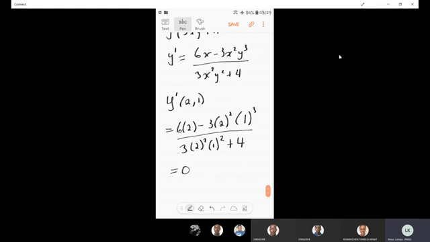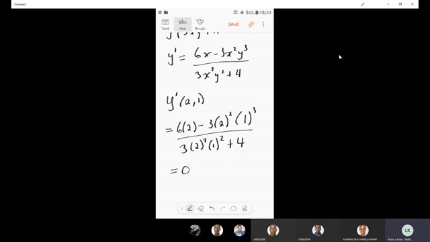Okay, so what that means when your gradient is 0, that means that it is stationary at that point. So it's like a flat line. Now, when the derivative at a point is 0, that means the tangent at that point is a horizontal line.